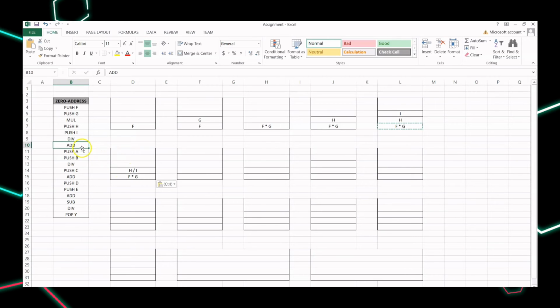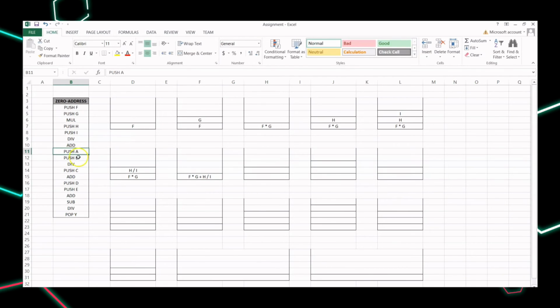How are we going to do the addition? It is F multiply G and add the H divide by I. So still the same, copy this, and then we make the add: H divide I. So until here we are already done with the above part.